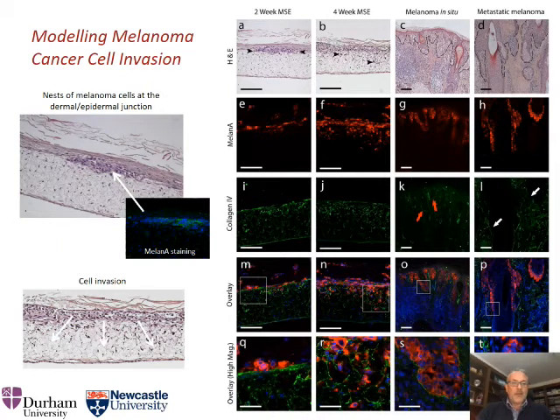And we can study how these cancerous cells then invade through our tissue model of human skin. And we can compare that closely to real melanoma pathology to examine the similarities of this process, and then use this as a model to perhaps look at the effect of drugs which might influence, say, cell invasion.